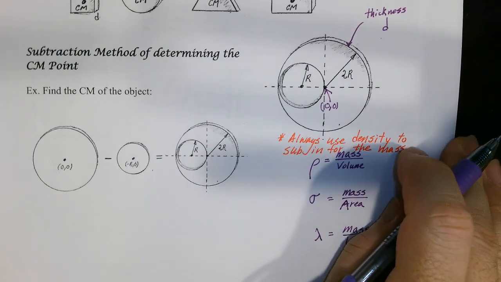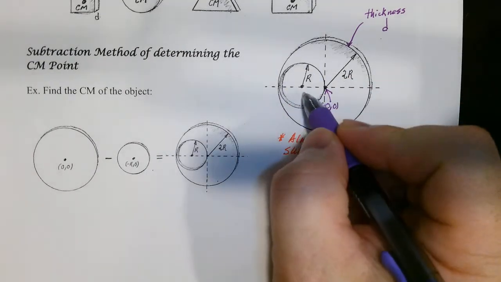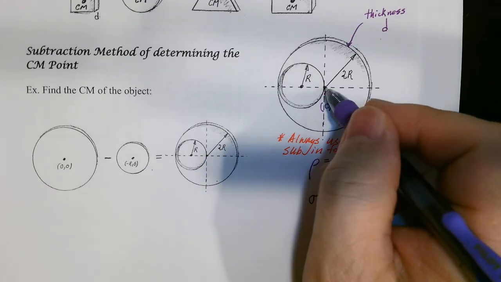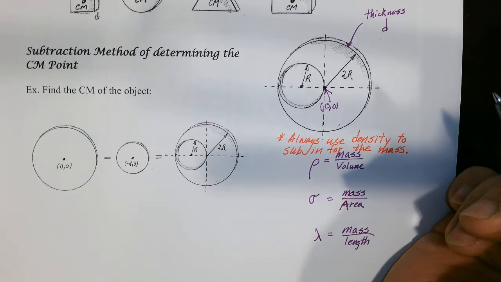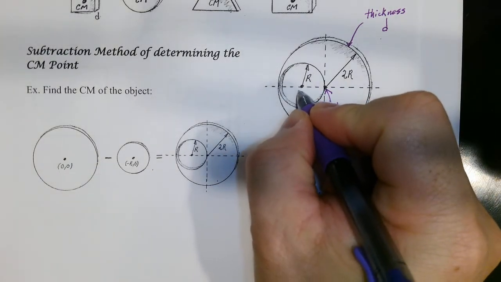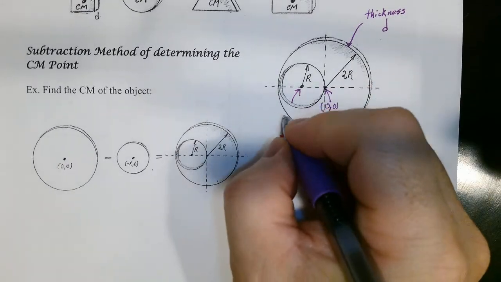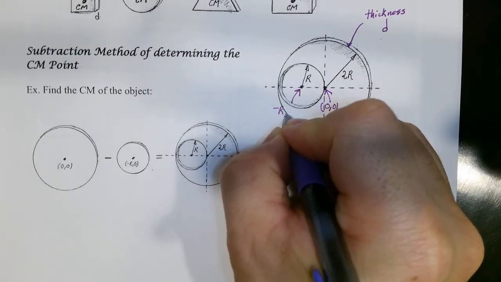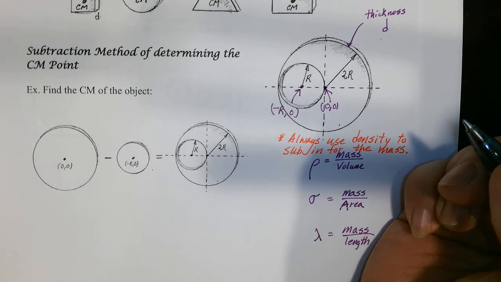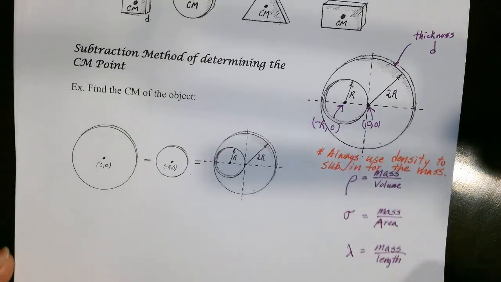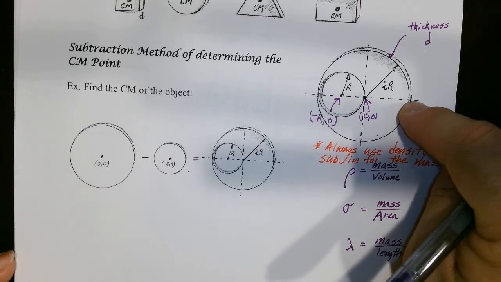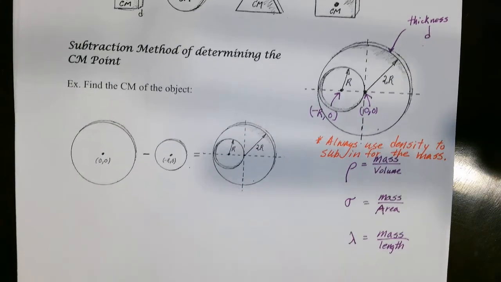Where would the center of mass of this cutout be relative to this origin? This location here would be negative r, 0, and here would be negative 2r, 0, and here would be 2r, 0, and so on.